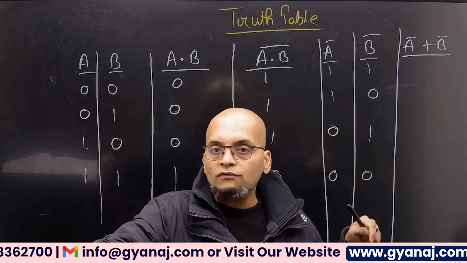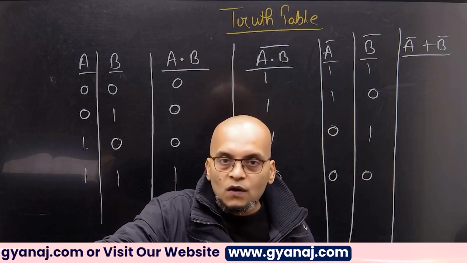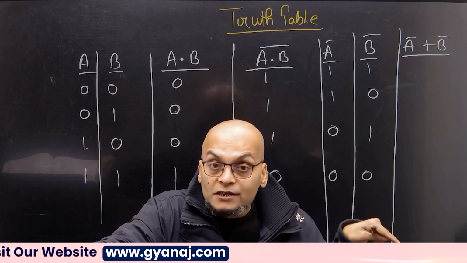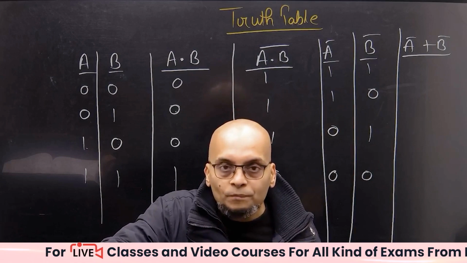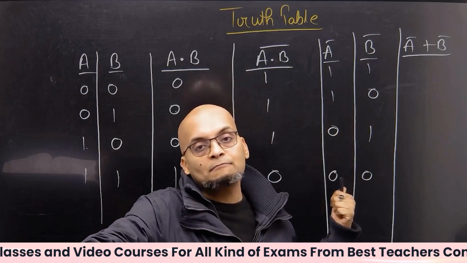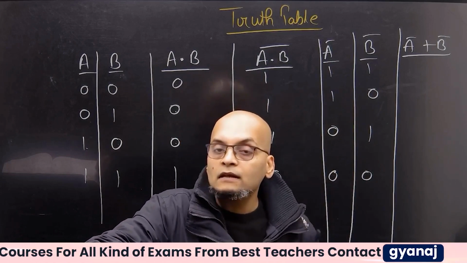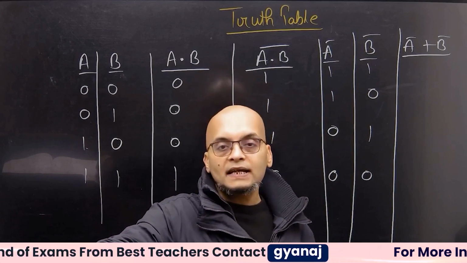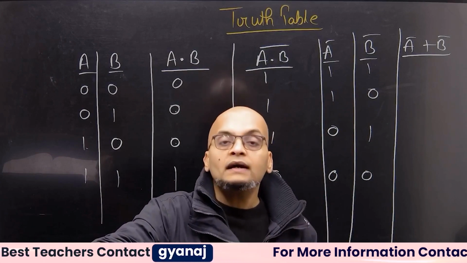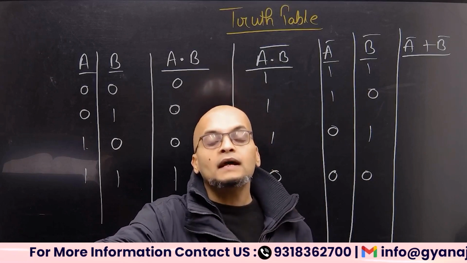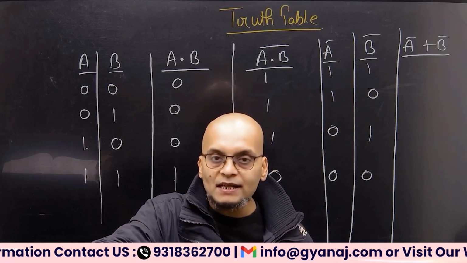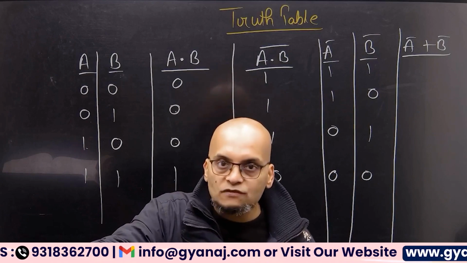You turn it off, the fan stops. So when you turn electricity on, current flows. When you turn it off, current ceases to flow. Similarly, in digital algebra, either signal will be present or signal will be absent. One is the representation of the presence of signal and zero is the representation of the absence of signal.